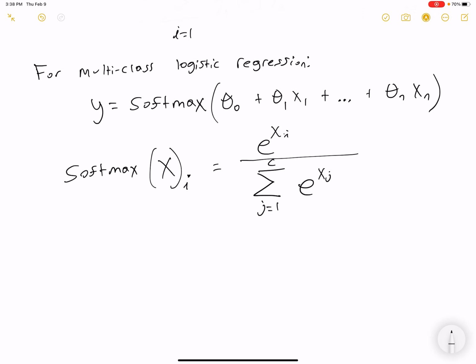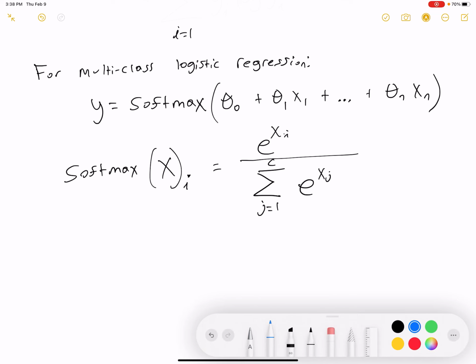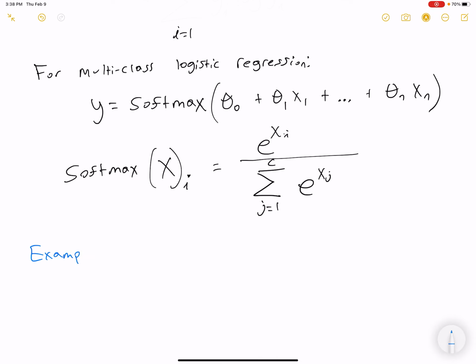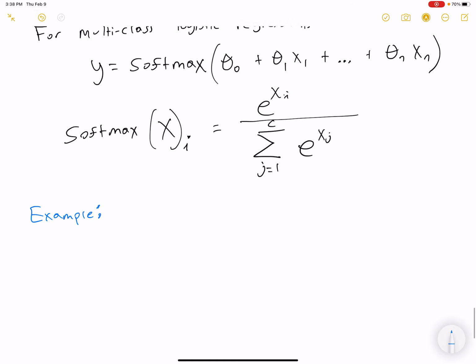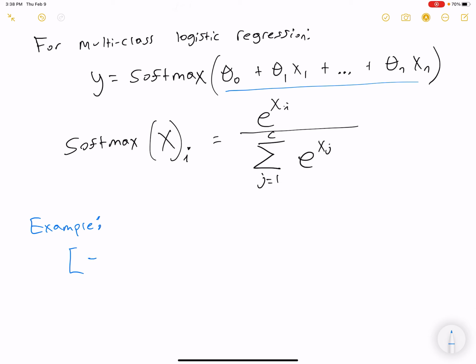for example, let's say your linear outputs, I think it's best to see this with intuition. So let's say you ran this linear equation for each of the potential classes, and you get -3, 4, and 9.